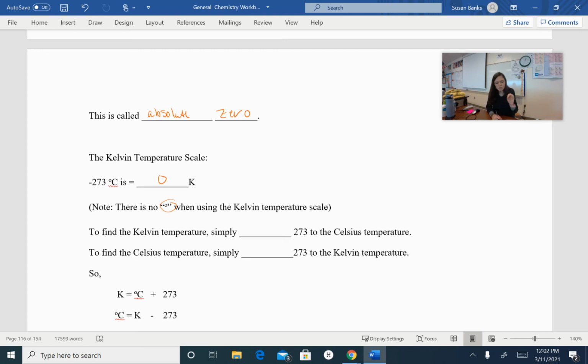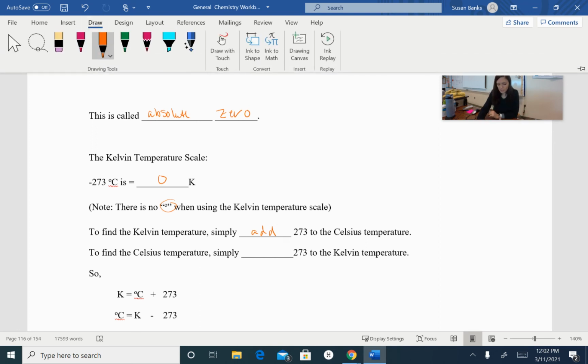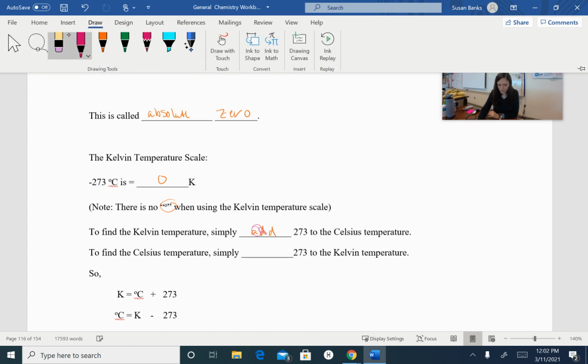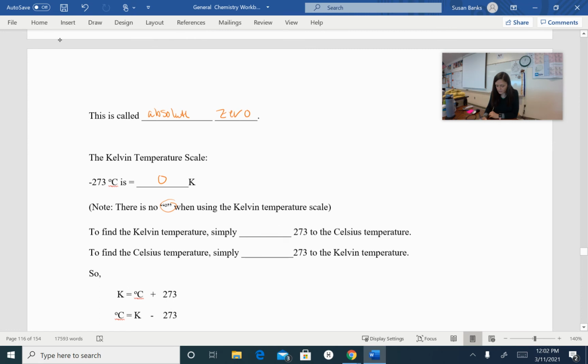Okay? So to find the Kelvin temperature, I simply have to add 273 to the Celsius temperature.